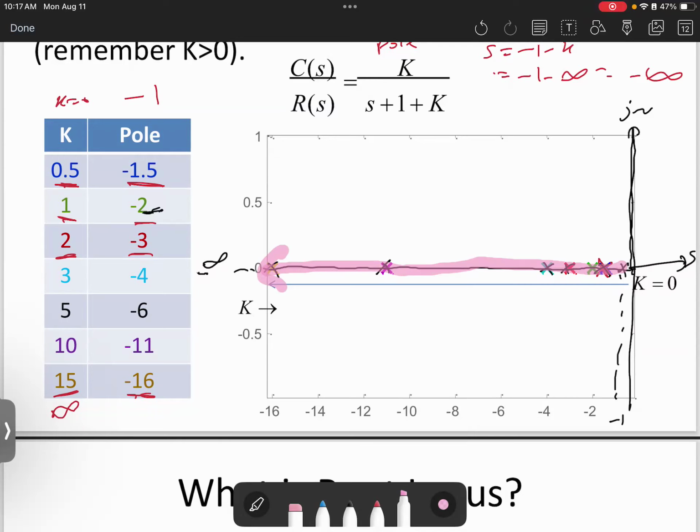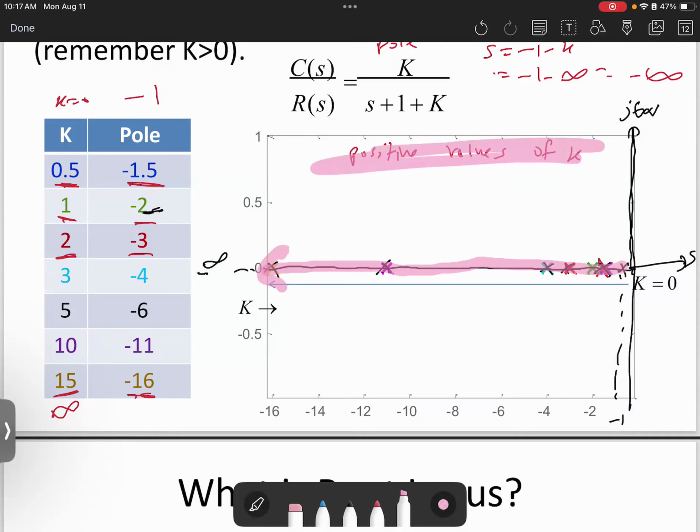In this type of system, it is not moving toward the right half plane. Therefore, the system is stable no matter the value of k, if k is between 0 and infinity. So when we are discussing root locus, we will discuss only positive values of k. We will not consider negative values at all.